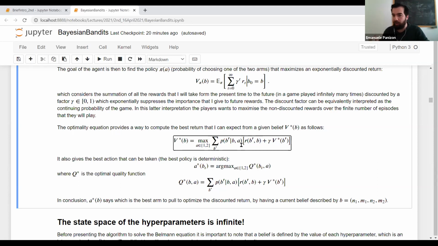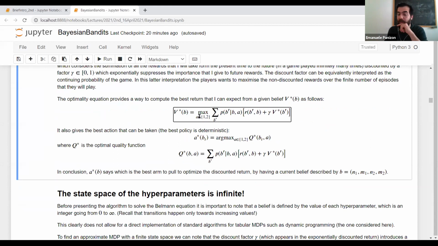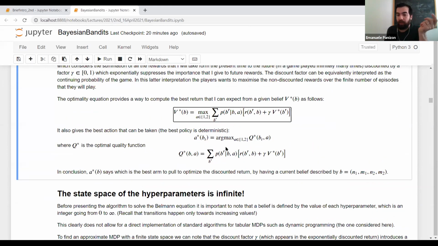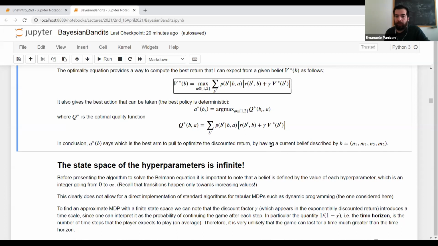I can choose arm 2 and I have this expected reward. Which arm is better? I will take that. And this is the usual way the optimality is written for this value function. Again, simple: the best policy is just that which maximizes this. So you compute a value for being in a belief and doing an action, and you take the best one.